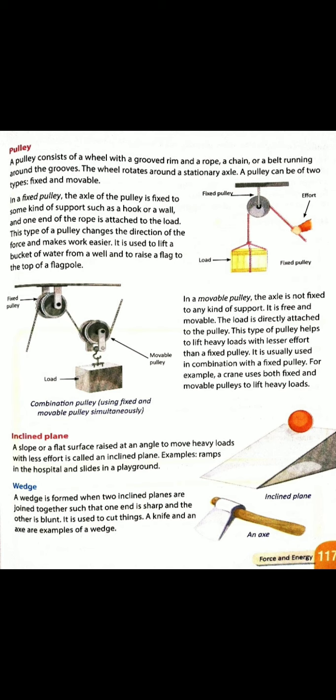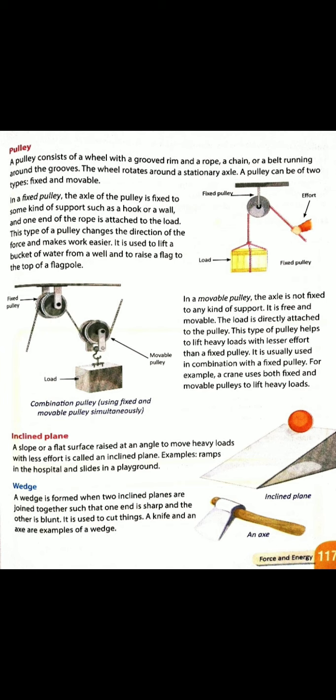Now comes inclined plane. A slope or a flat surface raised at an angle, as shown in the picture, to move heavy loads with less effort is called an inclined plane.